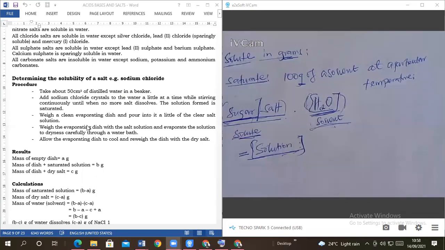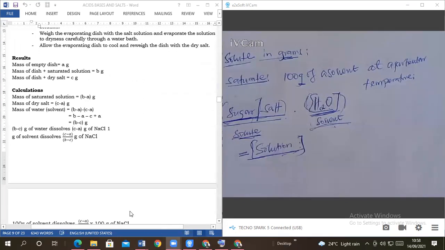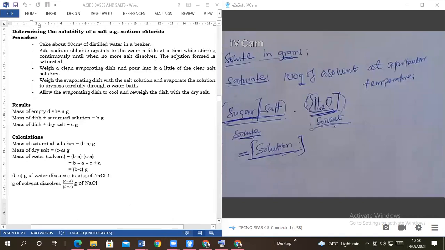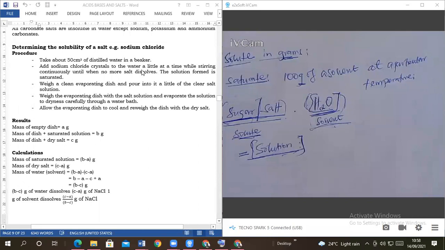We are going to look at a particular number down here that's going to give us a clear view of this. Here they are saying, while stirring, this one was to saturate. Weigh a clean evaporating dish.